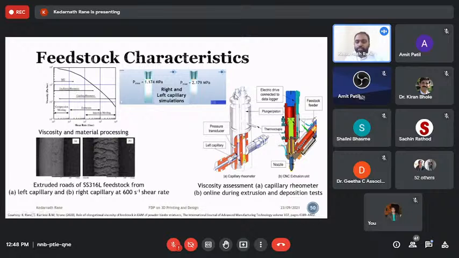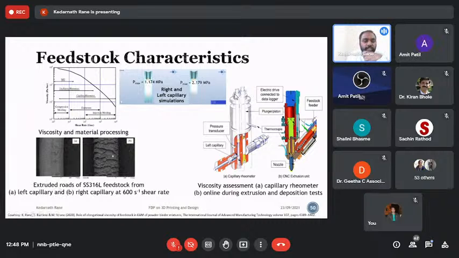We used the same system to measure the pressure and approximate the melt condition during the 3D printing itself. You can see that different print settings, melt settings and nozzle settings give different characteristics of extruded rods.